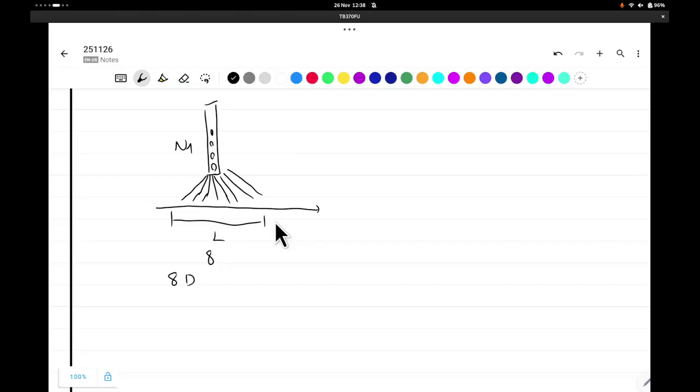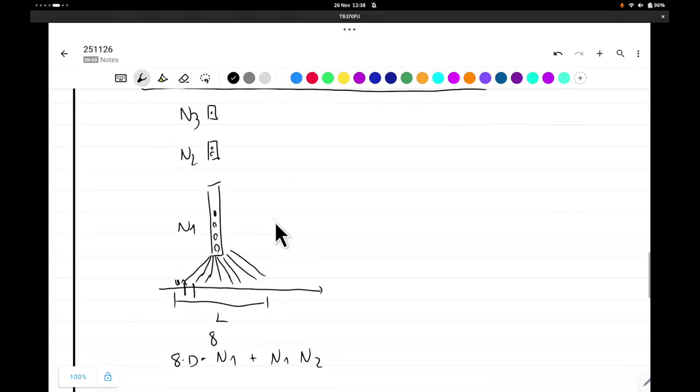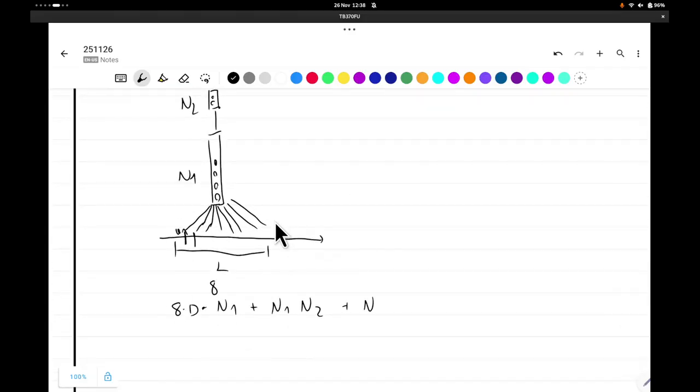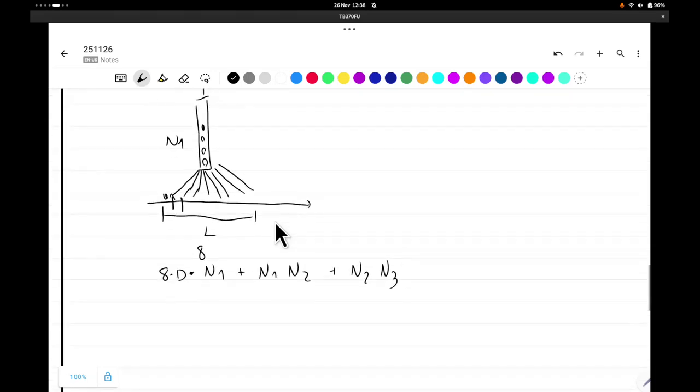Remember that at each time step, this can be a vector in frequency or whatever. So the dimension of the input times the number of neurons in the first layer, and then N1 times N2, the all-to-all connection between the first and the second layer, and then N2 and N3. Yes, so this would be the overall number of weights that we would need for this network.